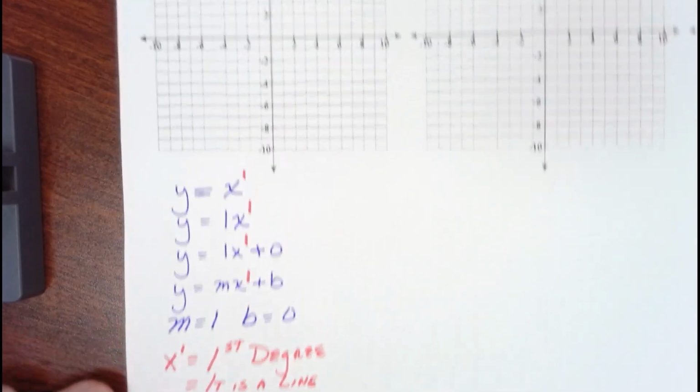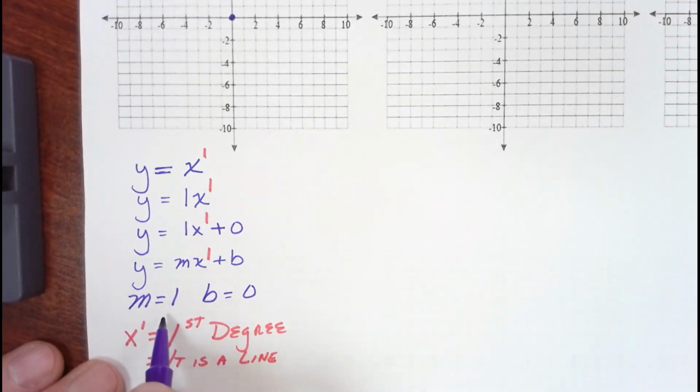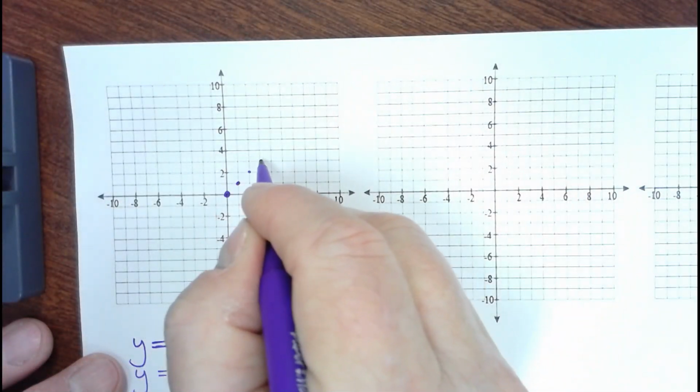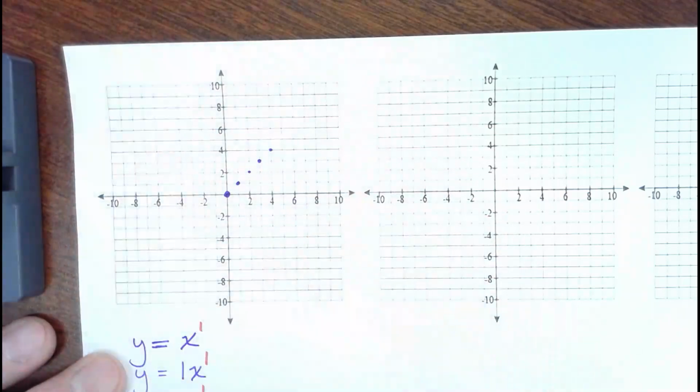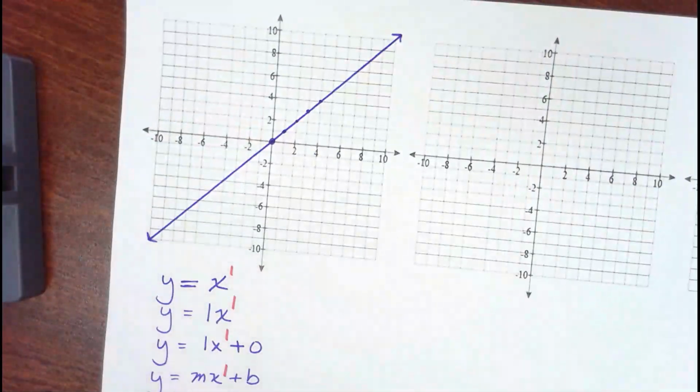So as I graph this, I'm going to start at 0, and my slope is constant. It's up 1 over 1, up 1 over 1, up 1 over 1. I'll get a few points there, and then I'm going to draw my line. For the graph, it is a line.